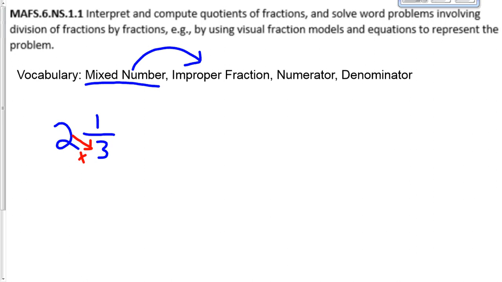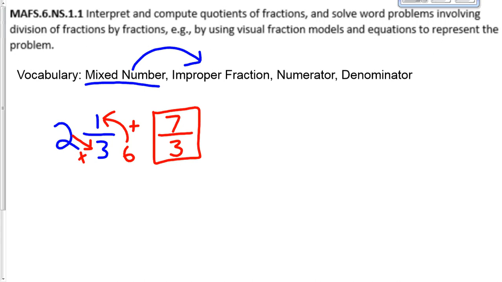So you would have 2 times 3, that would be 6. Then you take that number and you add it to the numerator. So 2 times 3 is 6, plus 1, that would be 7, and then you keep the denominator. So converting 2 1/3 would be 7/3.